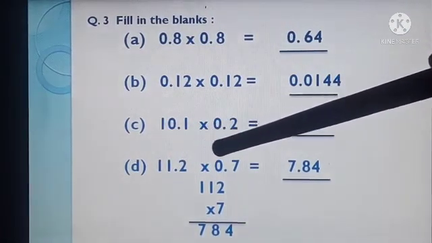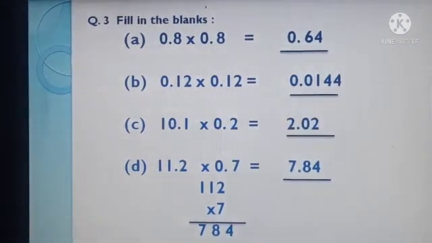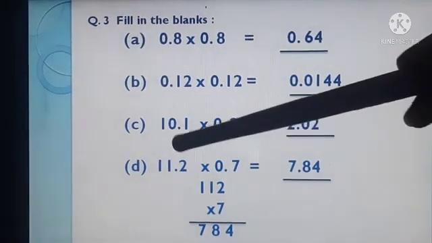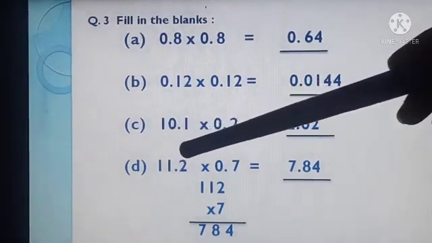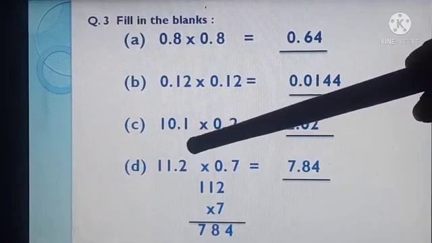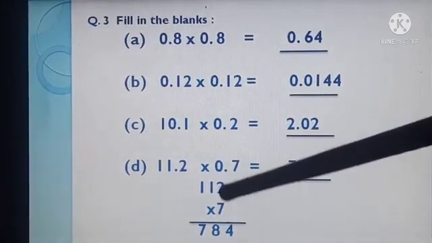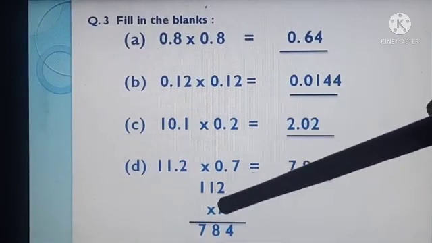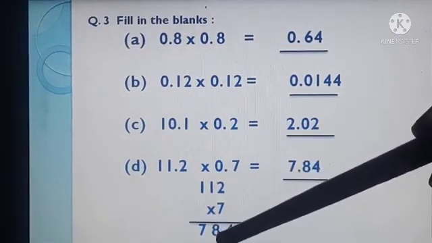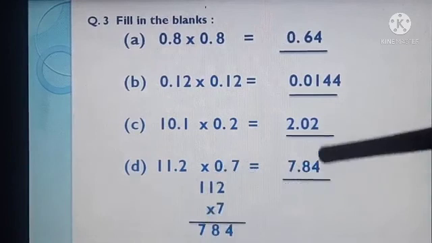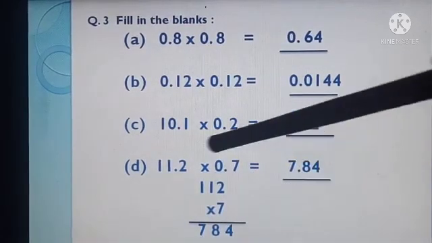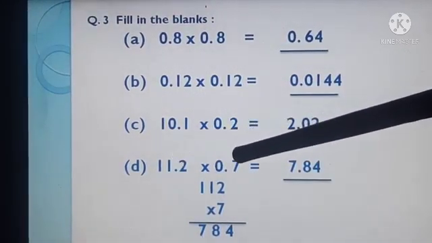Next, D part. 11.2 multiplied by 0.7. Now 11.2 is 112 if we are not including the decimal. 112 multiplied by 7. 7 2s are 14, 4, 1 carry, 7 1s are 7 plus 1, 8. 7 1s are 7. So it is 784. Now after the decimal we want 1 and 2 digits.